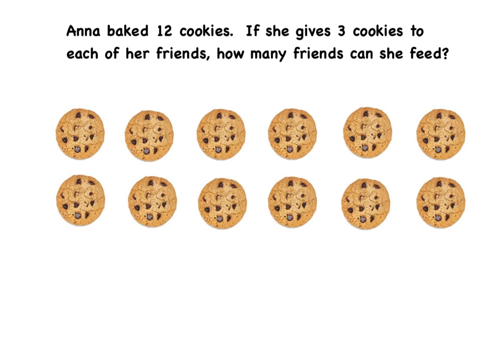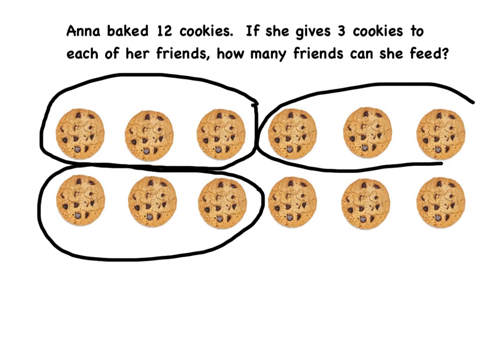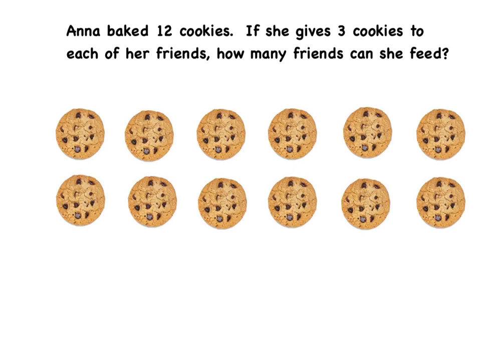For every 3 cookies, this is going to represent 1 friend. Here I've circled 3 cookies 4 times, so that means the 4 friends each get 3 cookies.